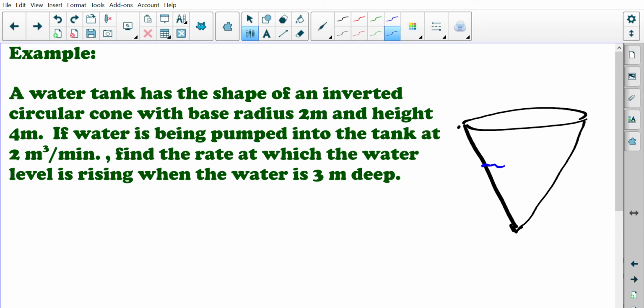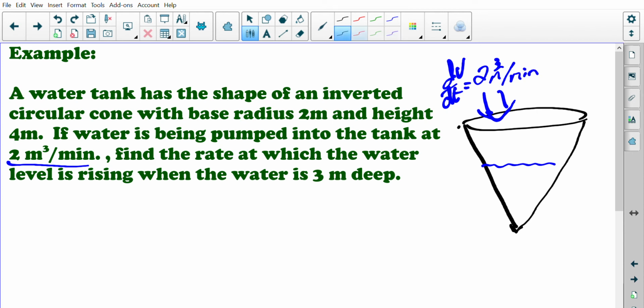So water's being poured into that at this particular rate, 2 cubic meters every minute. So the change in volume with respect to time, and again, paying attention to units, you can often tell what your measurements are rates for. So this is the change in, that's cubic meters per minute.